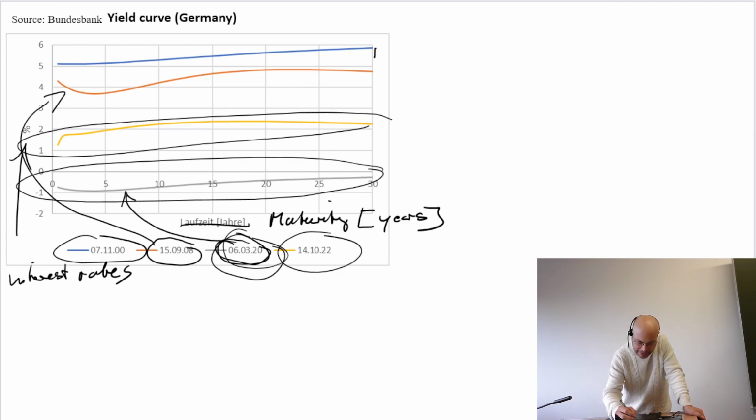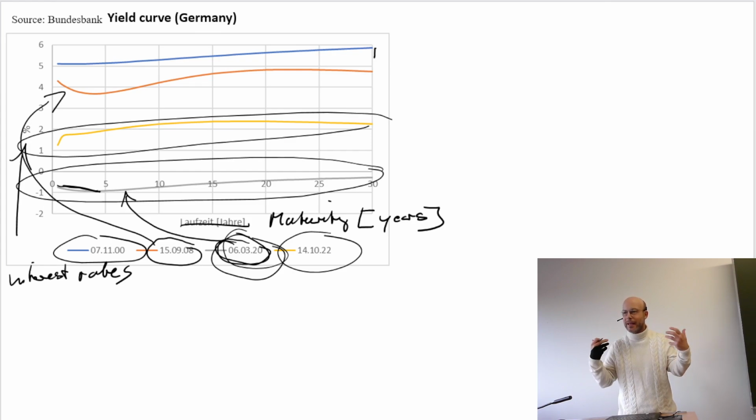But what we see here is a so-called inverse yield curve. So the yield curve started to invert quite a time earlier than the general expectations in society and the economy said, well, there will be something.